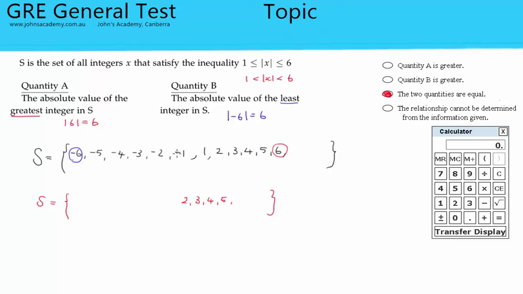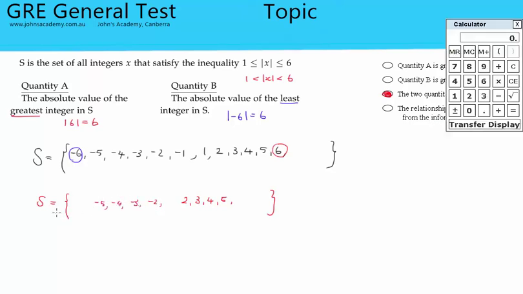Negative 1 is not possible either. Negative 2 is possible, negative 3, negative 4, and negative 5. So this set would have been the set satisfying the condition for the absolute value of x if it was this one rather than this one here.